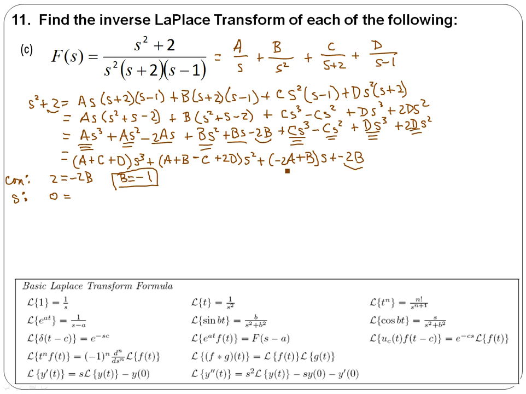On the right side, my s term has a coefficient of negative 2a plus b. b is negative 1, so let me bring that 2a over, and I get 2a is equal to b, which is negative 1. Divide by 2, and you get a is equal to negative 1/2.